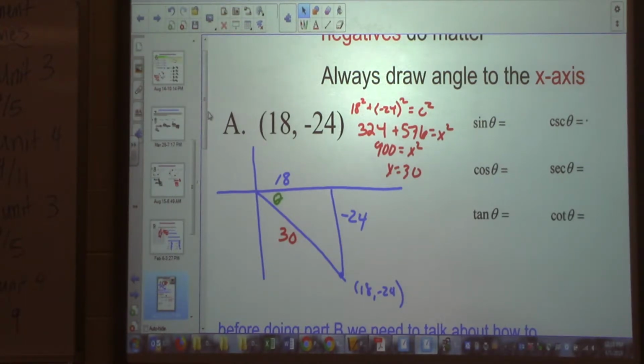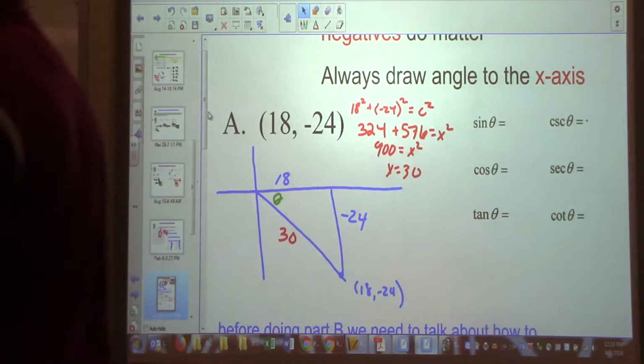Did you reduce? Yes, you need to reduce. Reduce your fraction if you can. I just said that like 2 minutes ago, I'm pretty sure. I said if we get a ratio that we can reduce, what should you do with it?